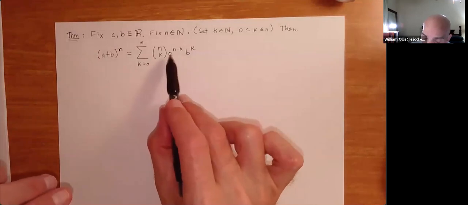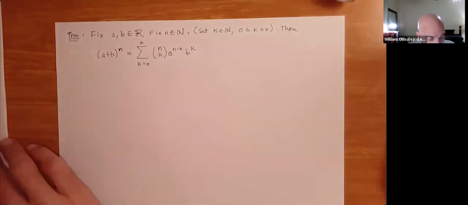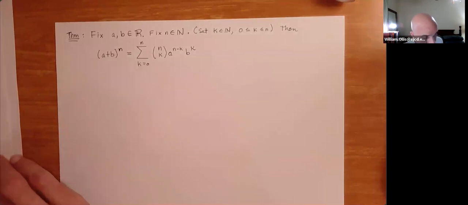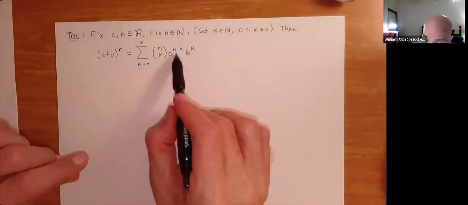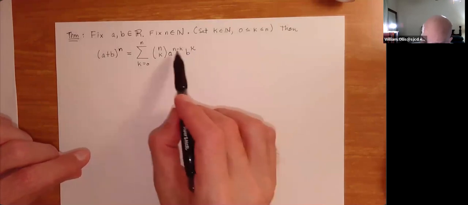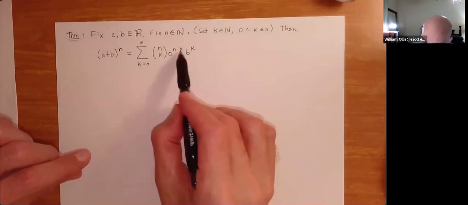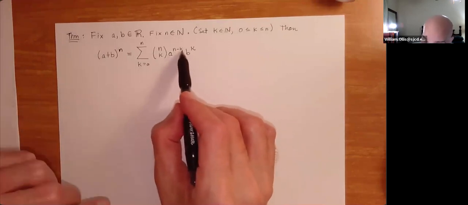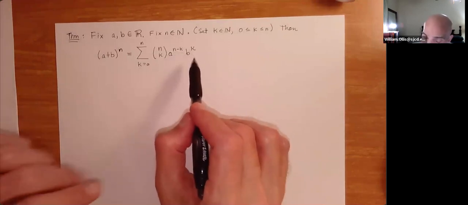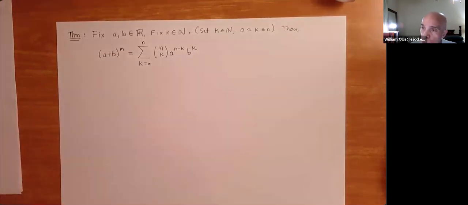That is, we generate expressions in this particular case that give us powers of A and B, but note the powers of A and B always add to N. N minus K plus K is N. So that kind of gives you a little recipe for writing down the expression.